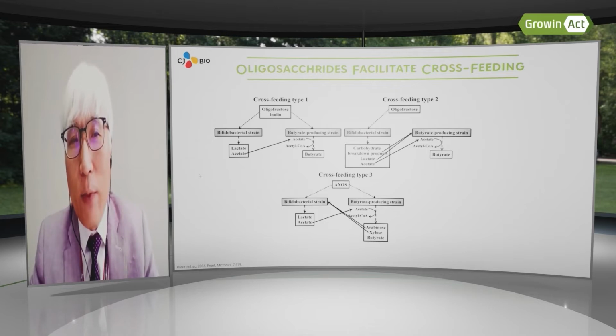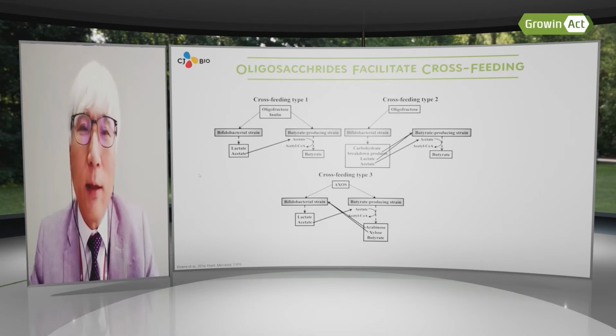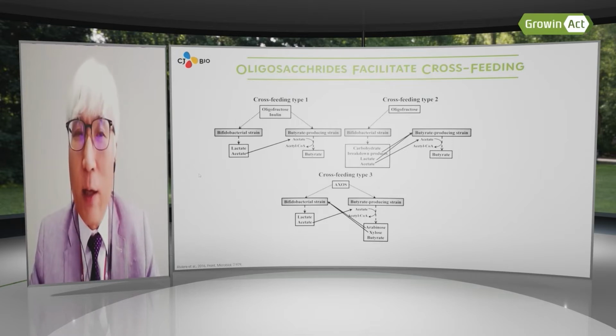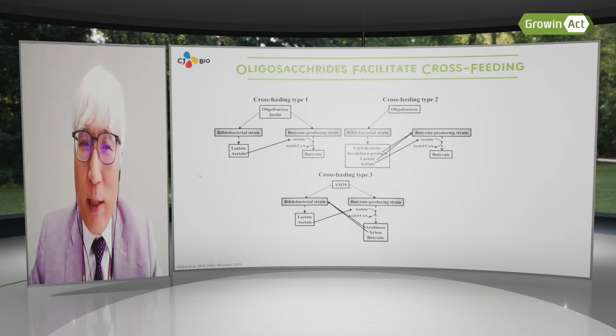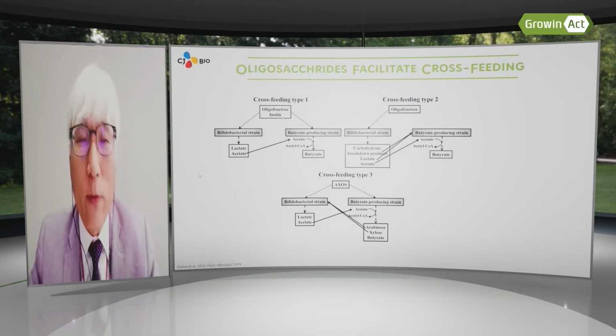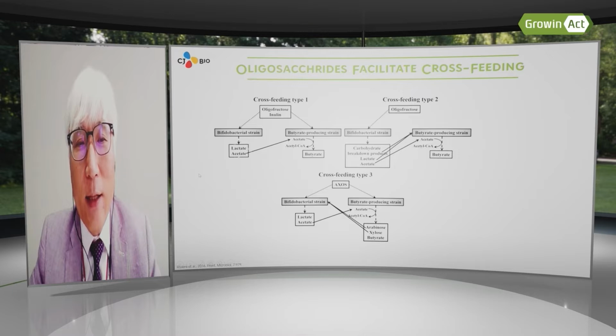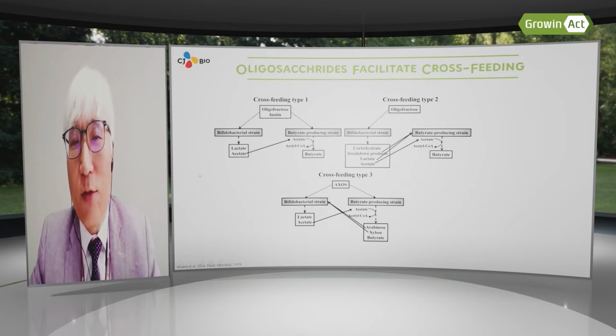One of the reasons is that these short-chain oligosaccharides stimulate microbial cross-feeding mechanisms. Firstly, if you look at the three different mechanisms here, inulin-type oligofructose is utilized by bifidobacterial strains, producing lactate and acetate. And this lactate and acetate can feed butyrate-producing strains to produce butyrate.